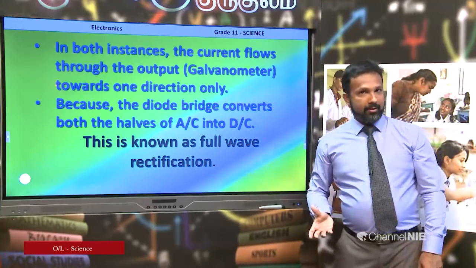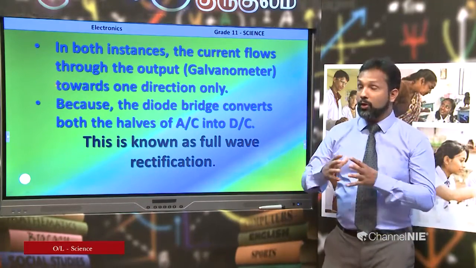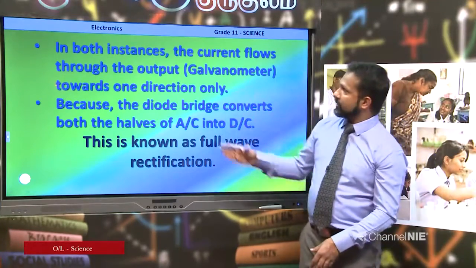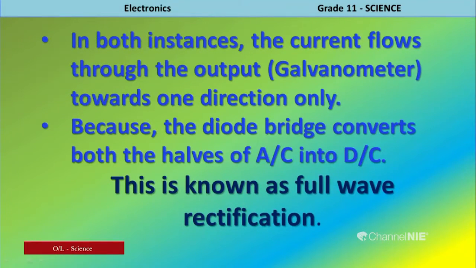What does that mean, my dear children? You can realize in both instances the current flows through the output galvanometer towards one direction only, because the diode bridge converts both the halves of AC current into direct current.